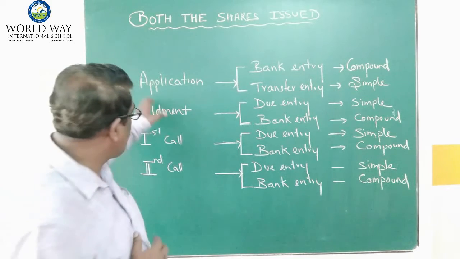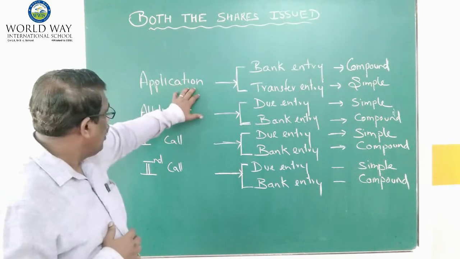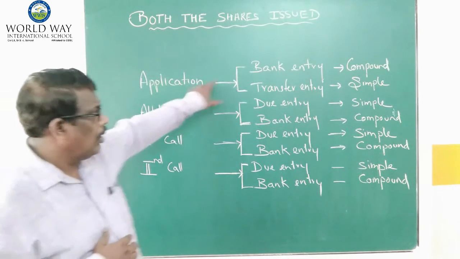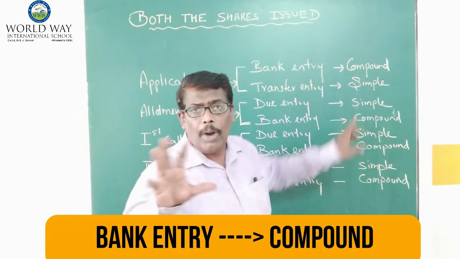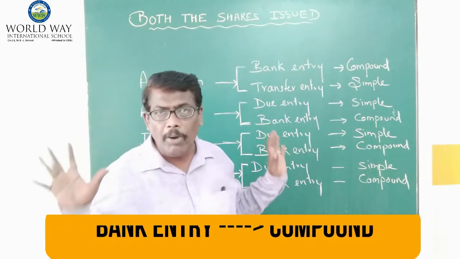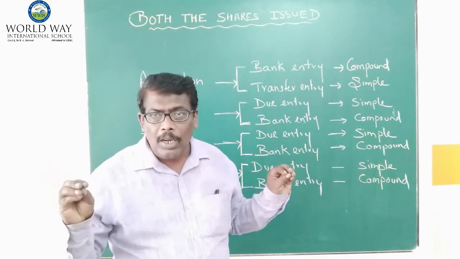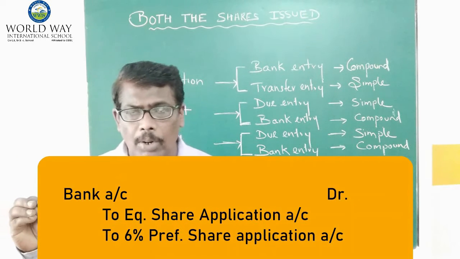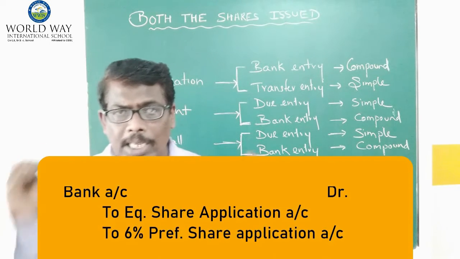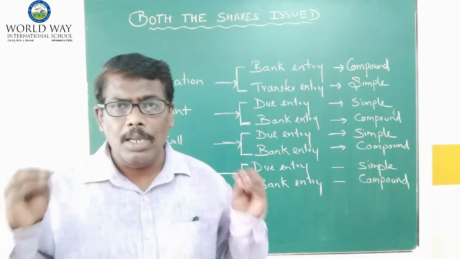So at the time of application, the bank entry is passed in compound form. Compound form means bank account debited to equity share application account and to 6% preference share application account.